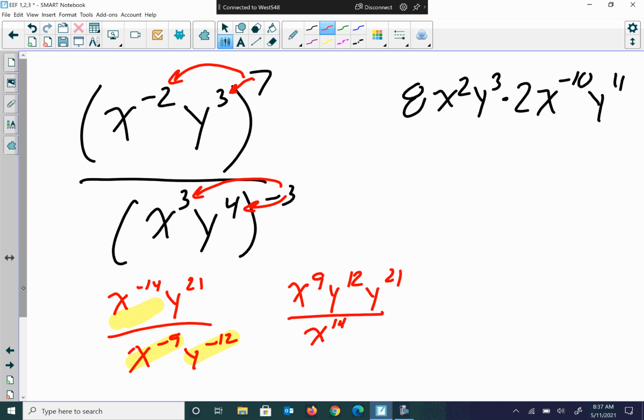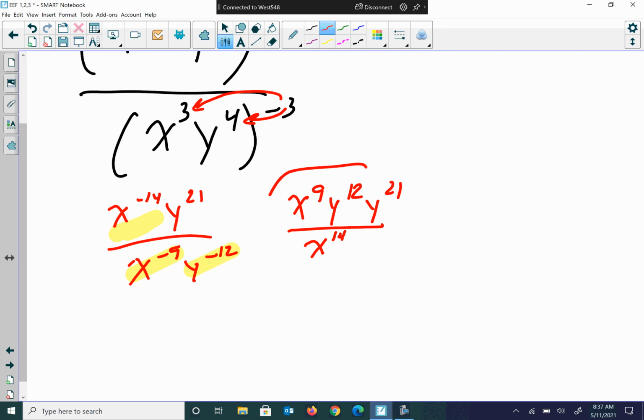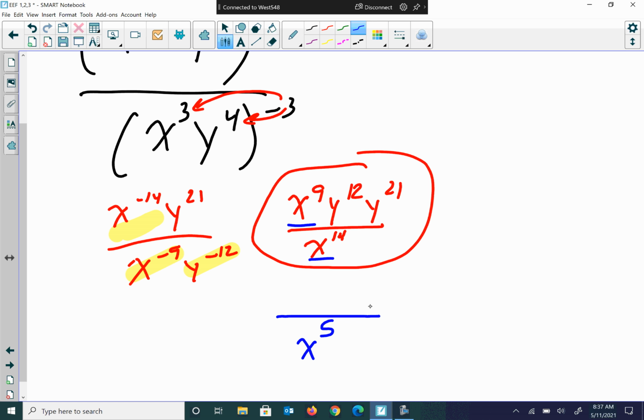All right, so on this part here, I could do tug of war with the x's. Agreed? Who wins, top or bottom? Bottom by 5. But I'm not doing a tug of war with the y's.